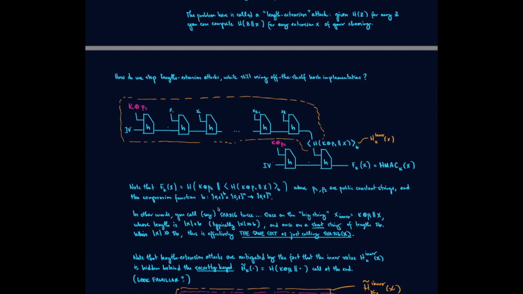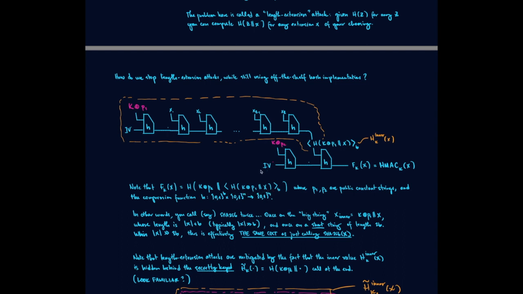So I want to be clear here. You do call, say, SHA-256 twice, but you only call it once on the long input. The second time you call it, you're calling it on a two-block input. So if you're processing long things, this extra call to SHA-256 is kind of for free because it's going to be extremely fast compared to the computation of this inner piece.